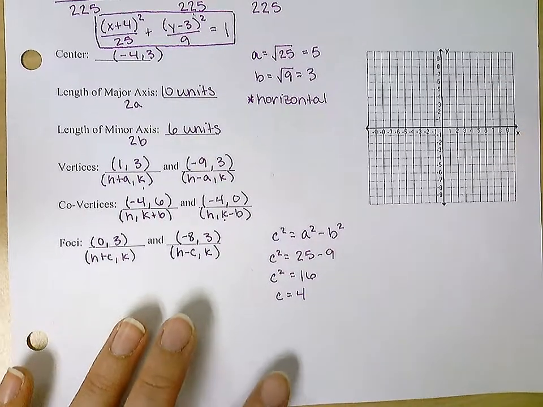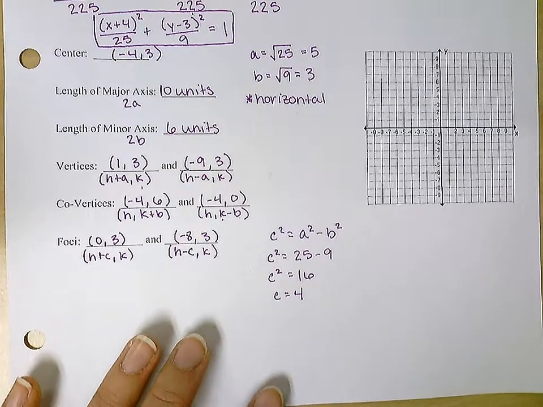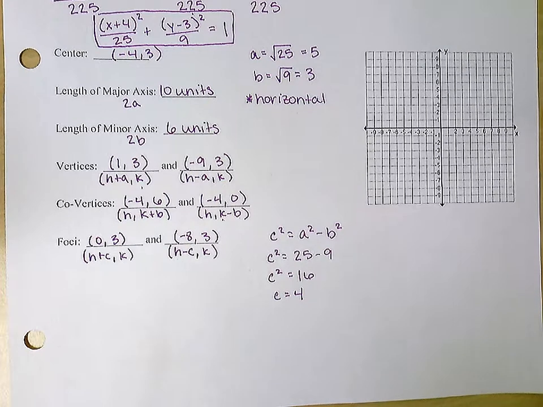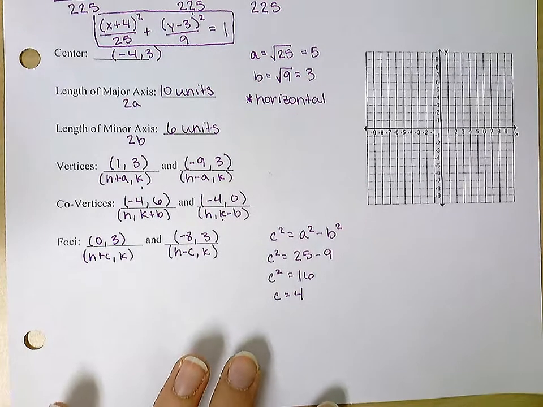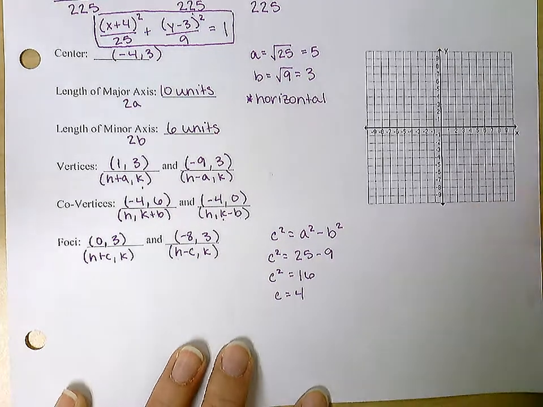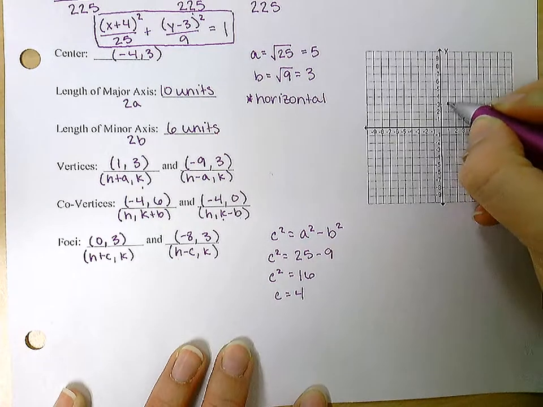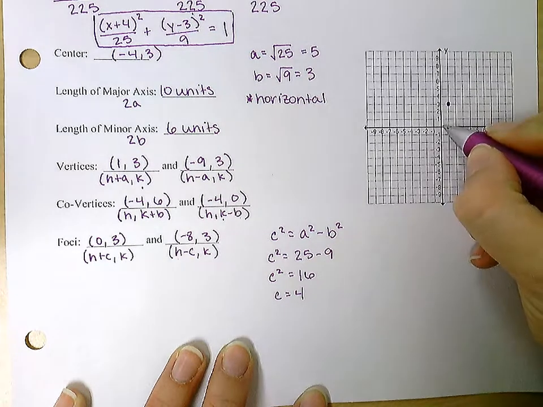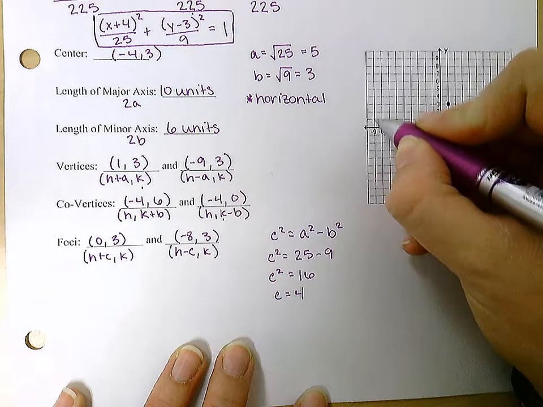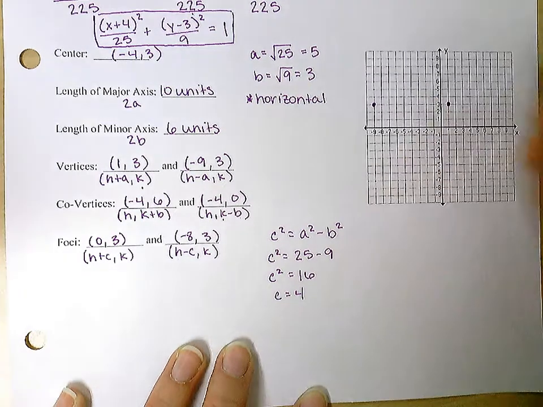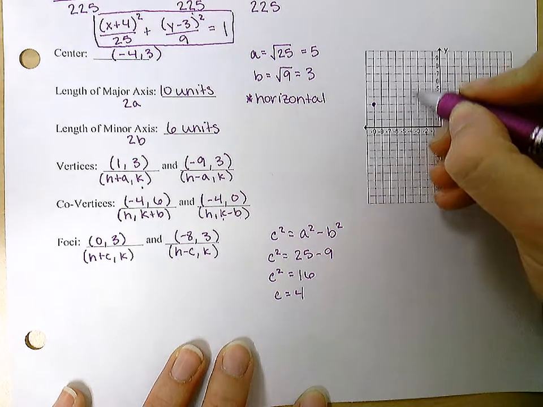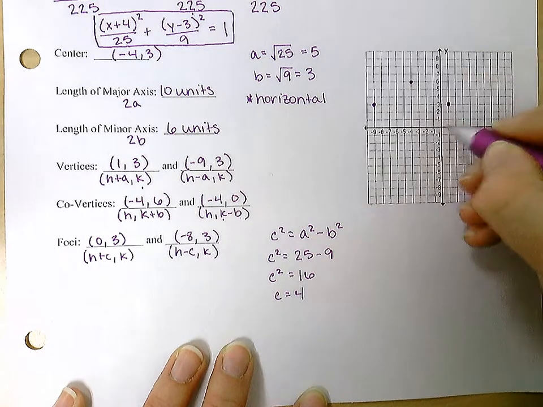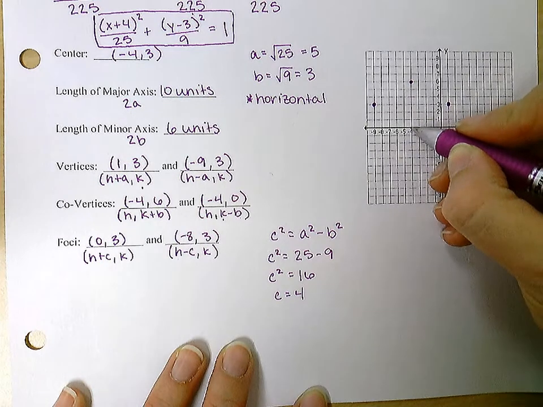Okay, from here, all I have to do is graph those points that I just found for your vertices and co-vertices and connect those. So your vertices are at 1, 3, and negative 9, 3. Co-vertices are at negative 4, 6, and negative 4, 0.